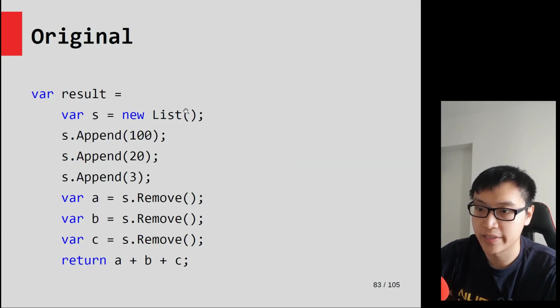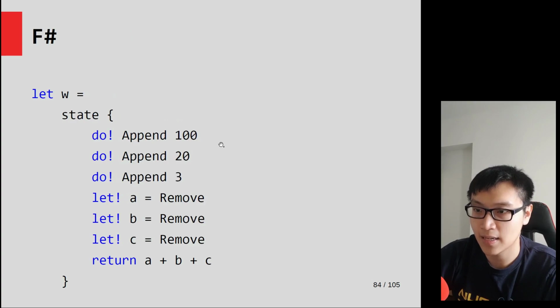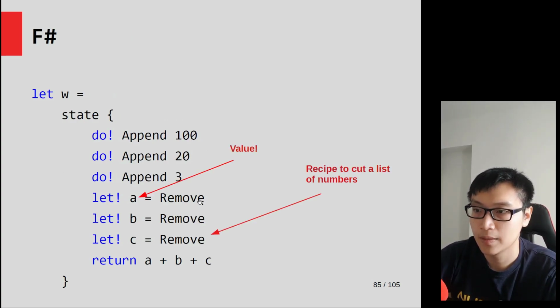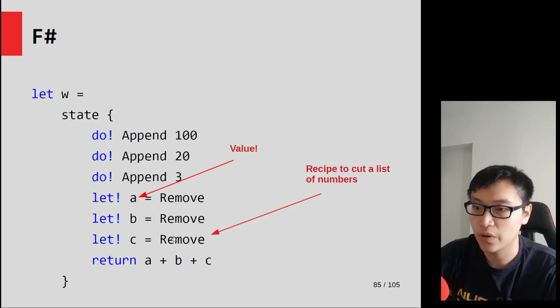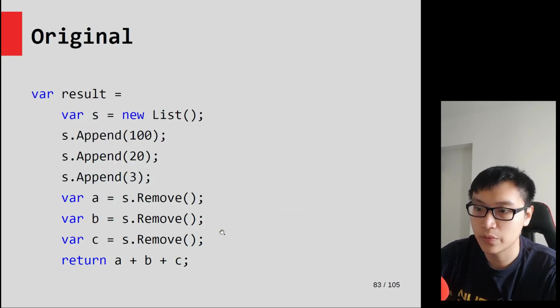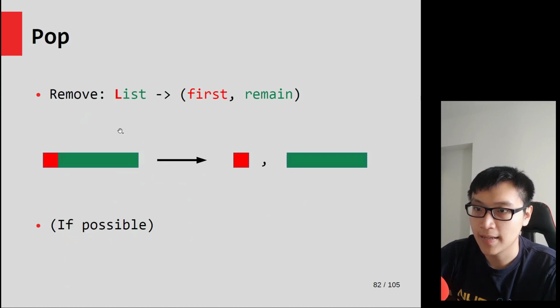So this is our original code here. And in F# you can write it in such a form where you are extracting a value A out of a recipe to split a list. So this remove function takes a list and returns two things, the first number and the remaining numbers.